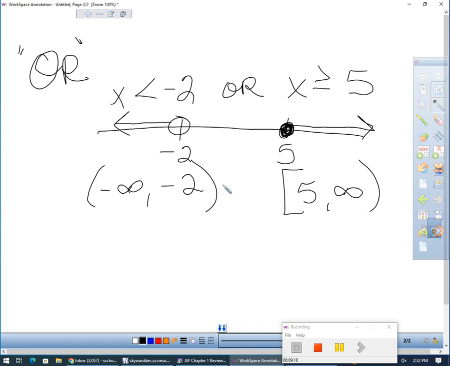A U in the middle. Right? Do you guys remember putting a U between the two pieces? All right. So when we're doing an OR problem, you'll notice there's always two inequalities. There's always two pieces on the graph. And there's always two pieces in the interval notation. All right? OR is always going in opposite ways.